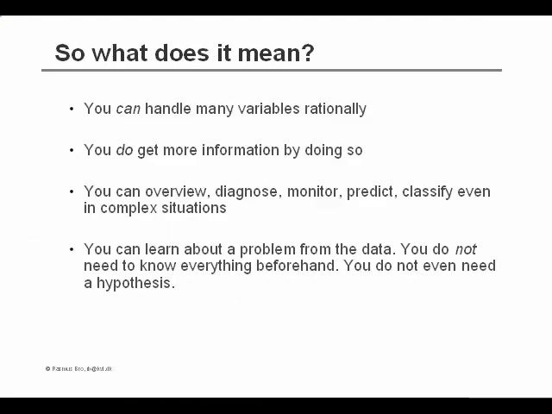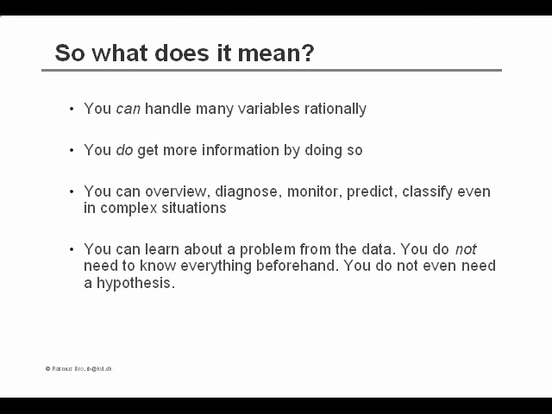So this initial example hopefully has shown that it is possible to handle many variables simultaneously in a rational way, and also that you will get more information by doing that instead of looking at the variables one by one. And that means that you can overview, diagnose, monitor, predict, classify, even having complex data.